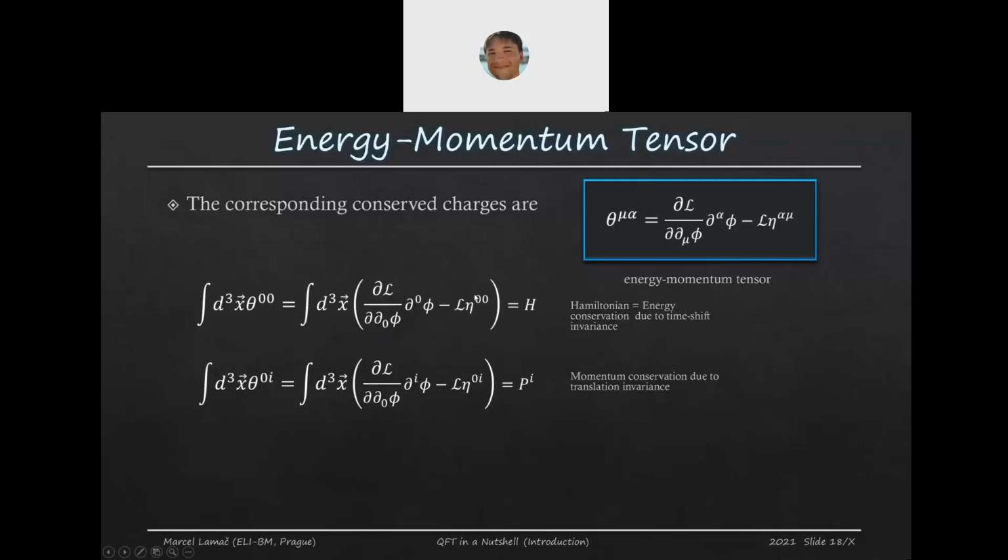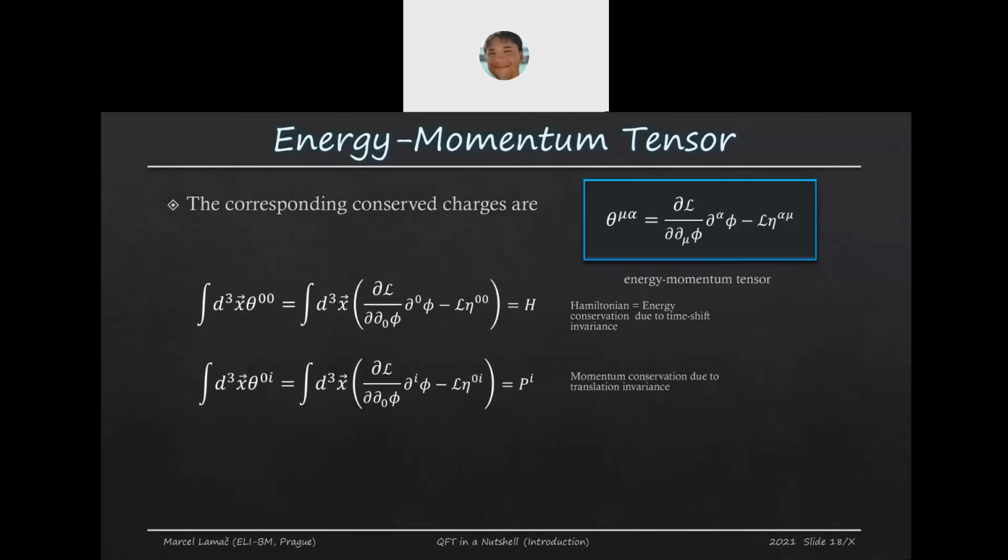The 0,0 component of the metric tensor is simply 1, and we know from our definition of the Hamiltonian by the Legendre transform that this is equal to the Hamiltonian. So the first conserved charge related to space-time translations is the conserved Hamiltonian, which is our energy in classical field theory.